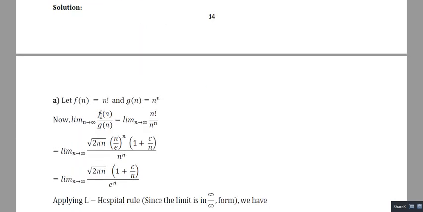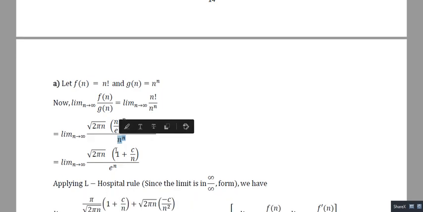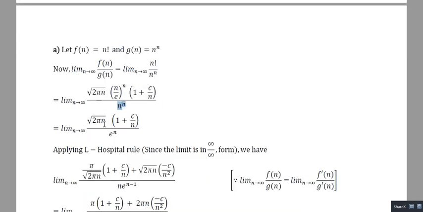Then you find the value of limit fn by gn as n tends to infinity. In place of n factorial, you apply Stirling's formula, and then try to simplify. Again we are getting this. So in which form is this? Infinity by infinity form, so just apply L'Hospital rule and find the differentiation.